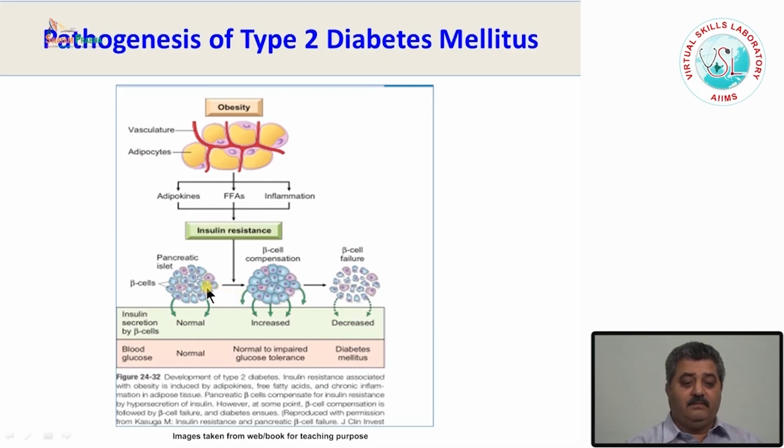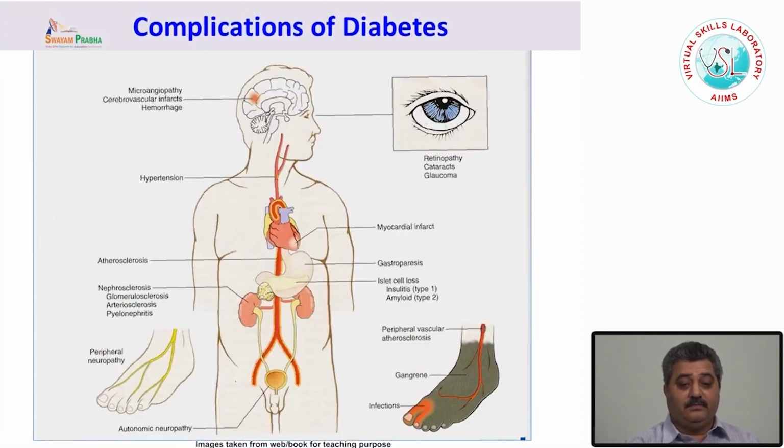Now initially, as I told, this insulin resistance leads to hyperplasia of these islet cells and increased level of insulin. But in the end stage, because of the resistance, there is dysfunction of the beta cells and a decreased number of beta cells, which causes increased glucose levels.